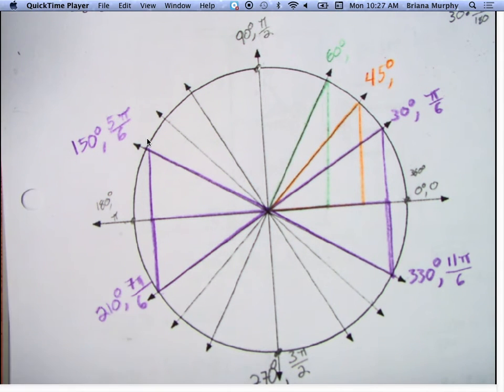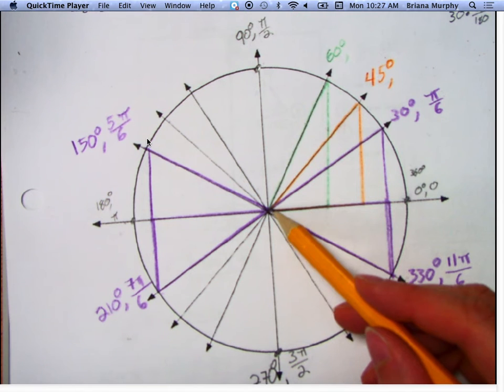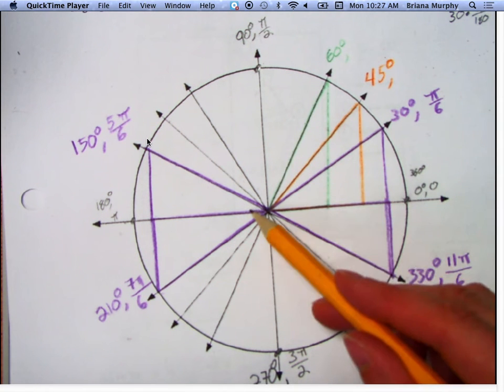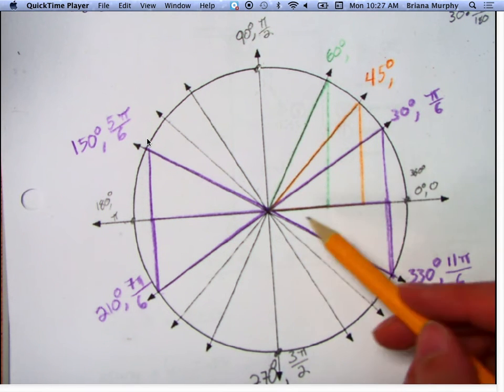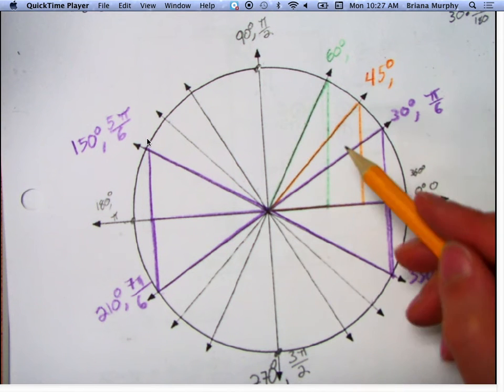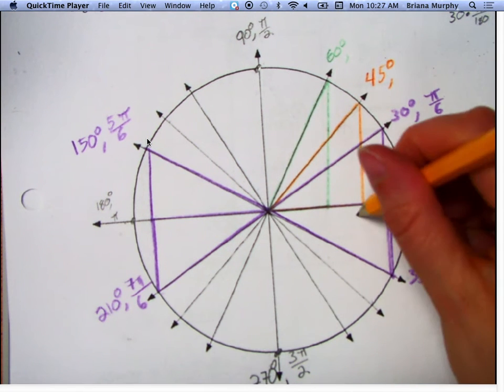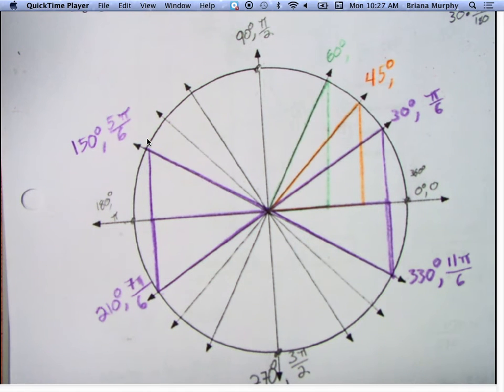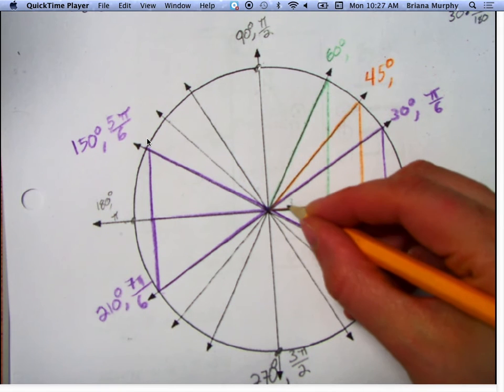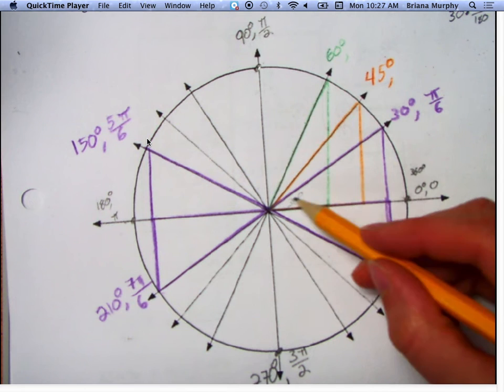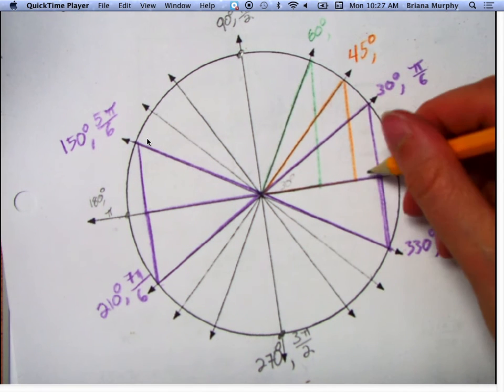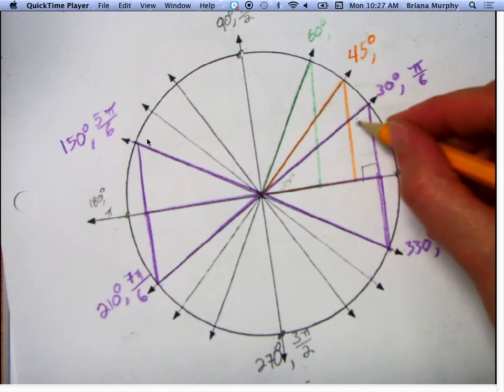With a 30, 60, 90 triangle, if this is my hypotenuse, let's just look at the purple one. If my hypotenuse is 1, what would my other sides be? This is 30 degrees right here, this is my 90 degrees, and this is my 60 degrees, correct?